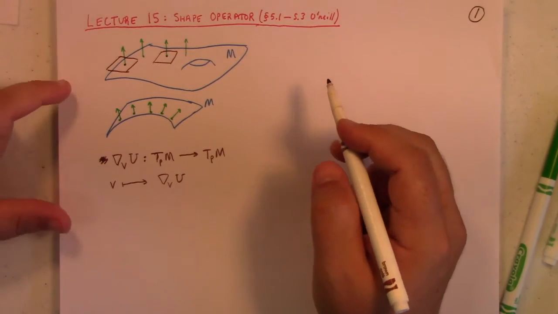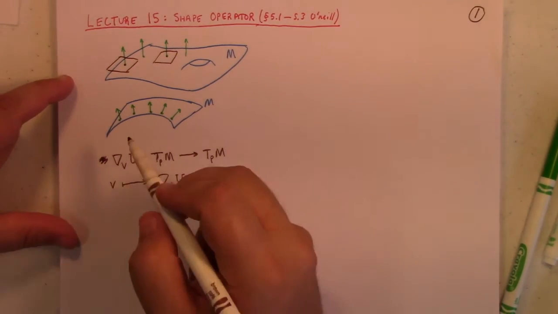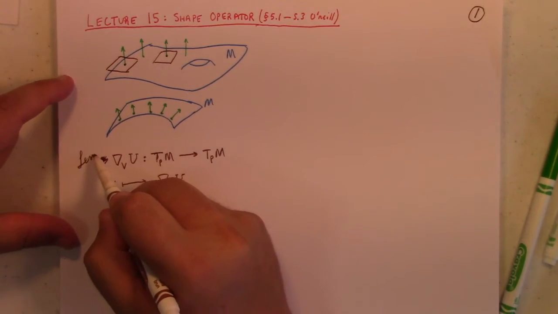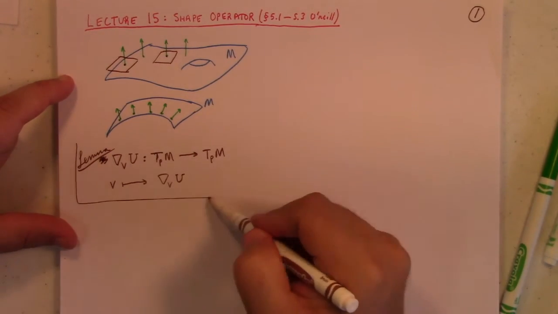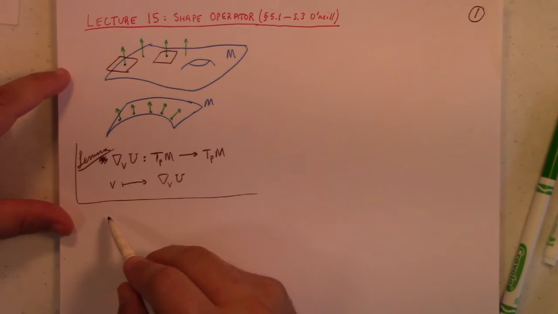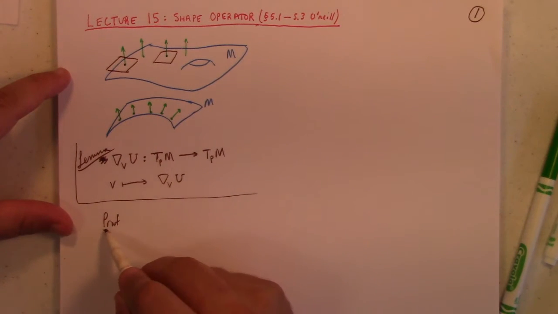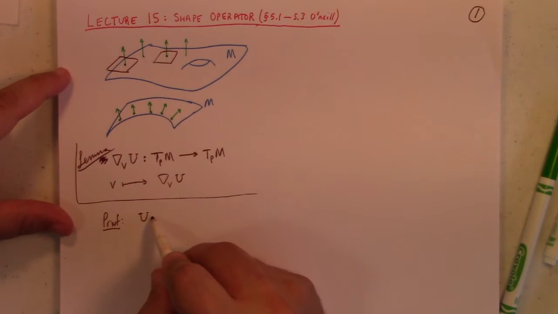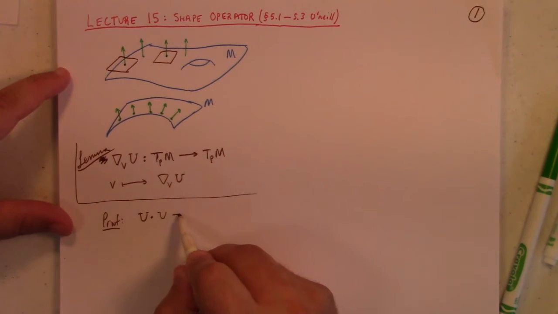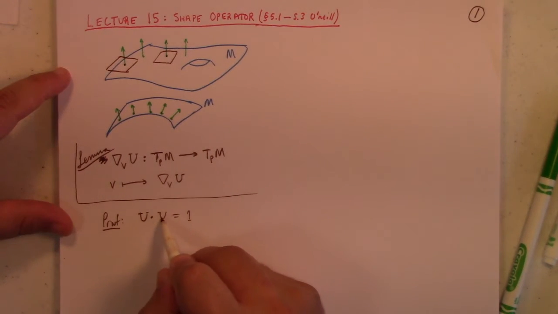Now, the proof of this little lemma is pretty simple. It's basically based on properties of the covariant derivative. First of all, you notice the unit vector field, right? So u dot u is equal to 1 because that's the length.